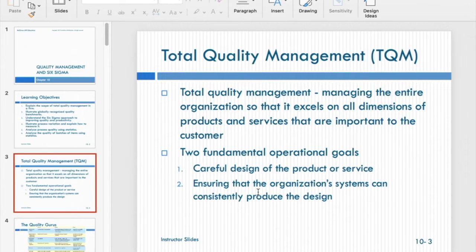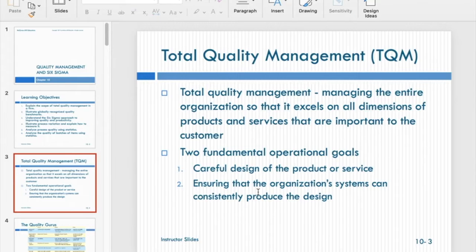So now let's say the firm finally decides to produce a product with a score of 90. Then we can say the design quality of this product is 90 out of 100.